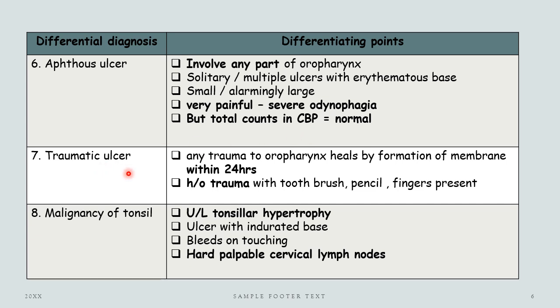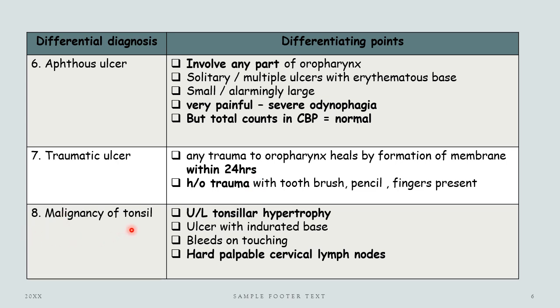Coming to traumatic ulcer, any trauma to the oropharynx always heals by formation of a membrane within 24 hours after the trauma. So there would obviously be a history of trauma, either with pencils or a toothbrush or fingers, etc.